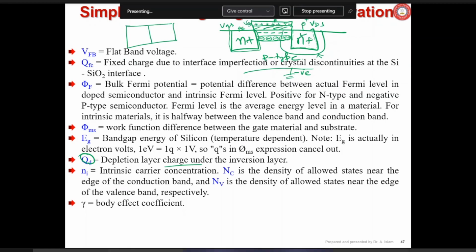Sir, the substrate side is negative. This side is grounded, and this side the positive terminal of the battery is connected. VDD. This is N plus. This is similar or not? We are drawing in a different way so that it becomes easier.